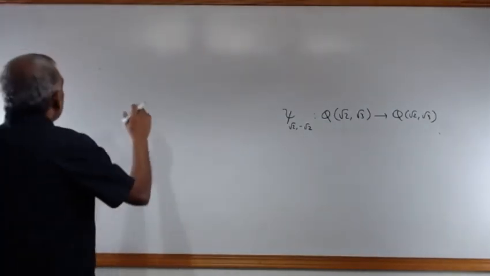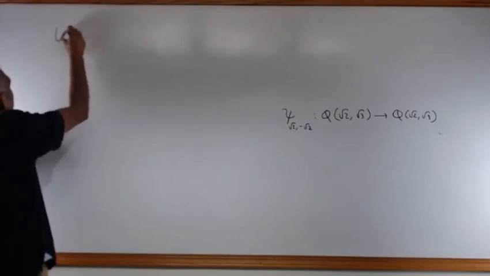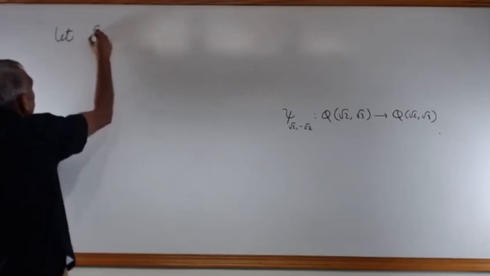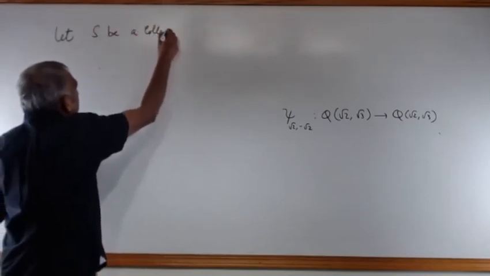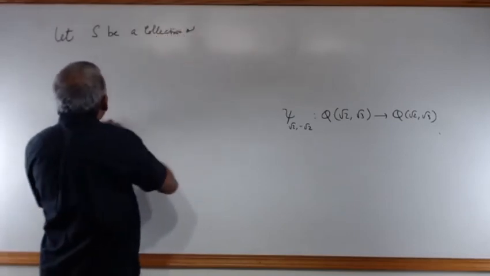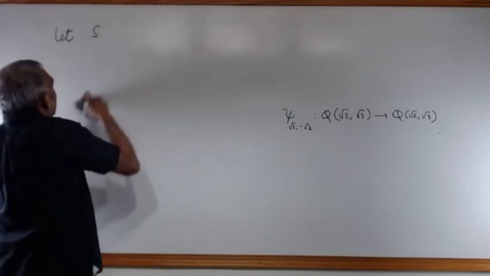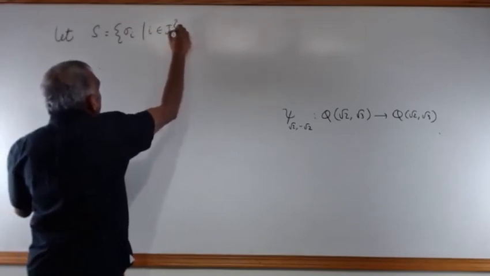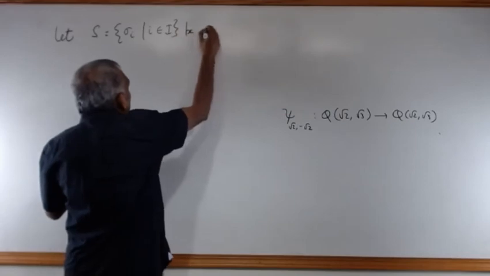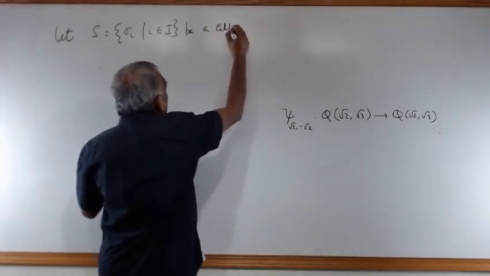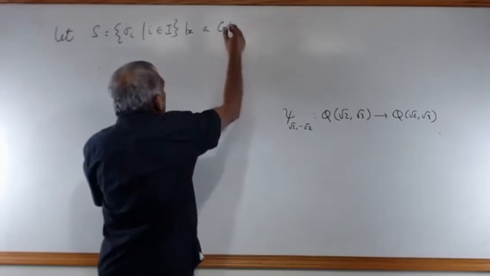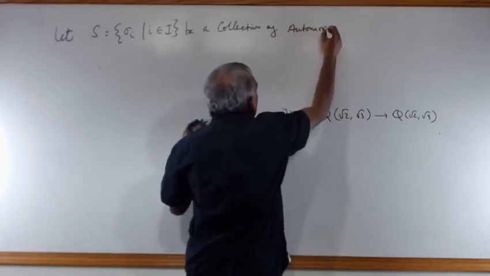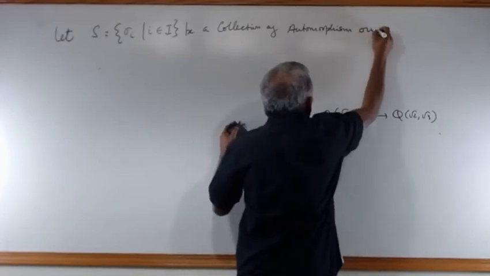Now, in general, let S equal to sigma i, for i from some index set I, be a collection of automorphisms on a field.